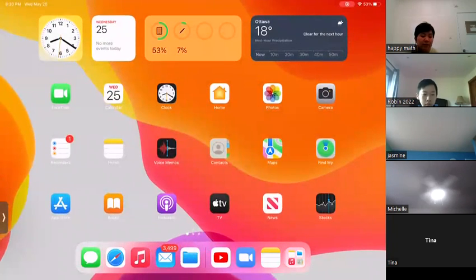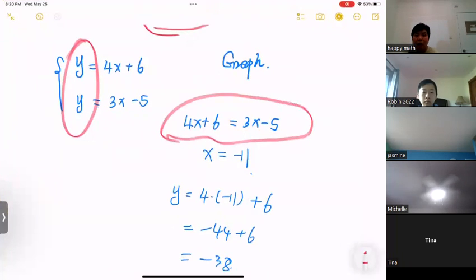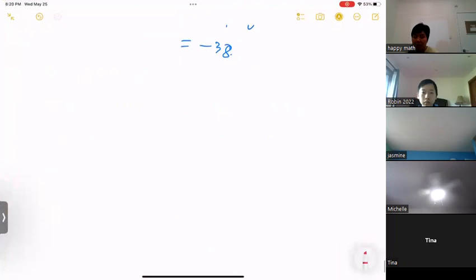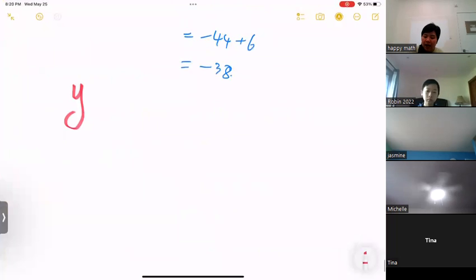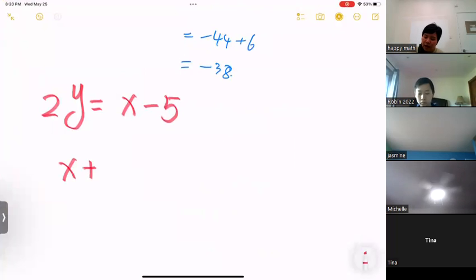We still have around 10 minutes, but let's do some harder questions. Okay, so let's solve the equations algebraically. The first one: 2y equals x minus 5, and x plus y equals 13.